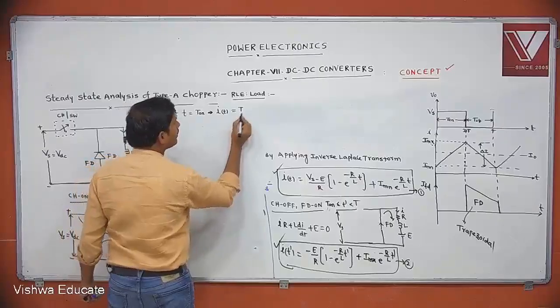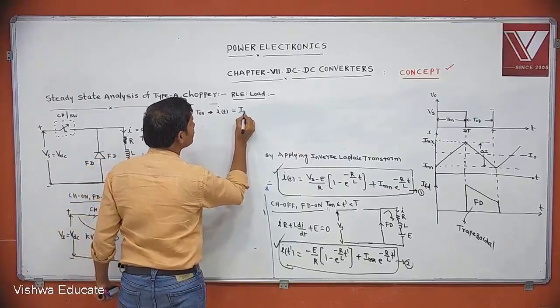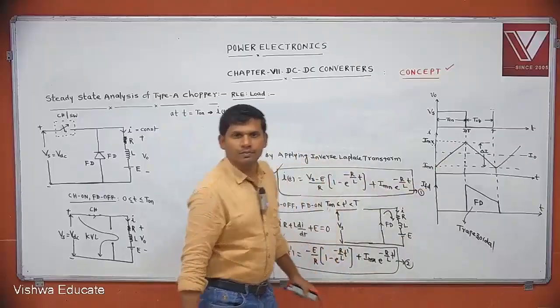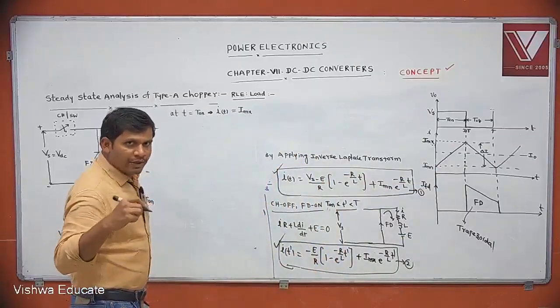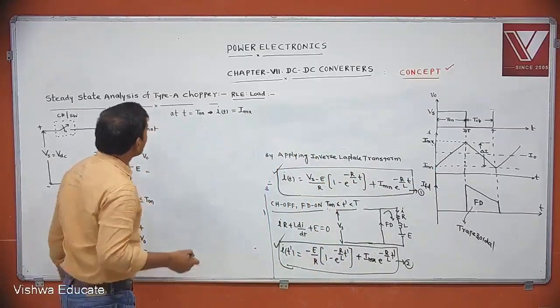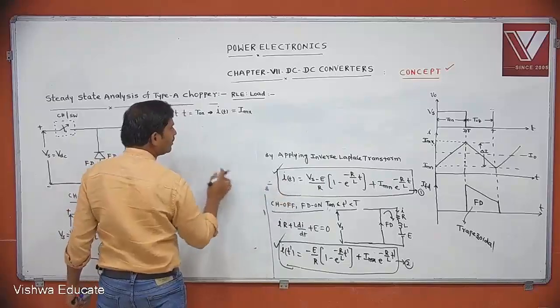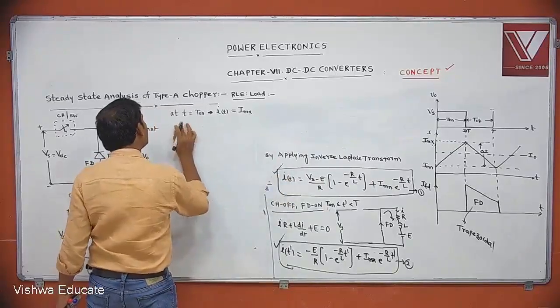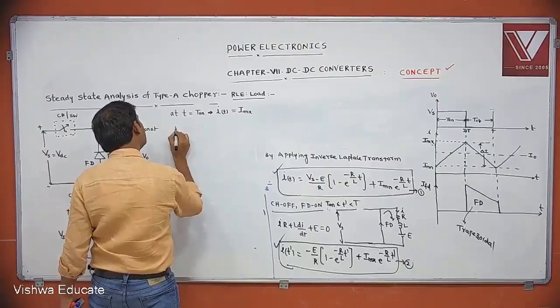The current reaches its maximum value when it is in the on state. Then substitute here in equation 1. Then what is I max equal to?